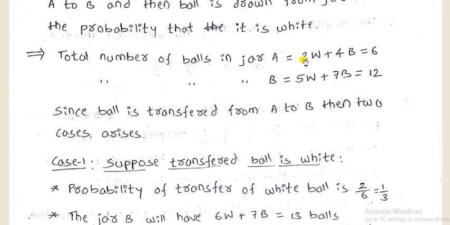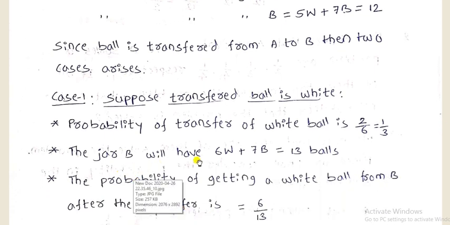Now after transferring a white ball from jar A to jar B, jar B already contained 5 white balls, so adding one more, the total white balls in jar B is 5 plus 1, 6. So 6 white balls plus 7 black balls gives 13 balls in total.